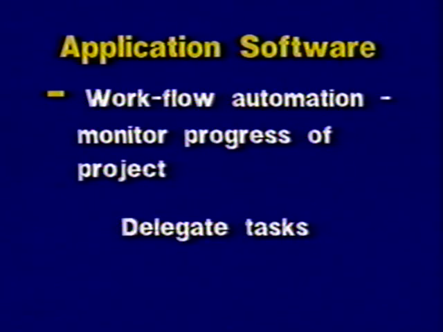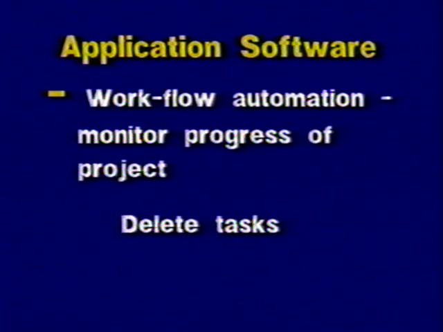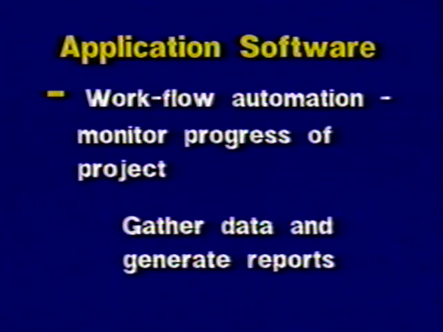Usually projects encompass many small subtasks, and so you can delegate to individuals who is responsible for certain tasks. You can delete tasks, and if everybody has workflow automation, then everybody will know that that task was deleted and in fact completed. And a big plus on workflow automation is the ability to gather data and generate reports.